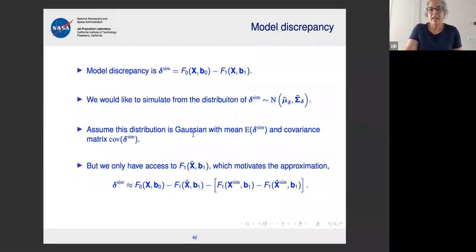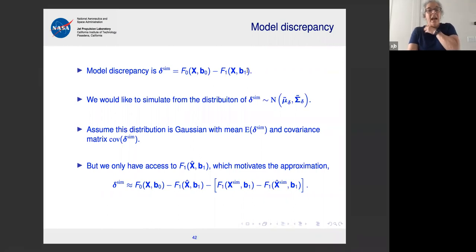Yeah, so the idea is, model discrepancy in the statistics world is this. Where F0 and B0 are nature's true model, you might call it, and F1 and B1 are our model. And we have a noisy version of this, which is the radiance that the instrument sees.